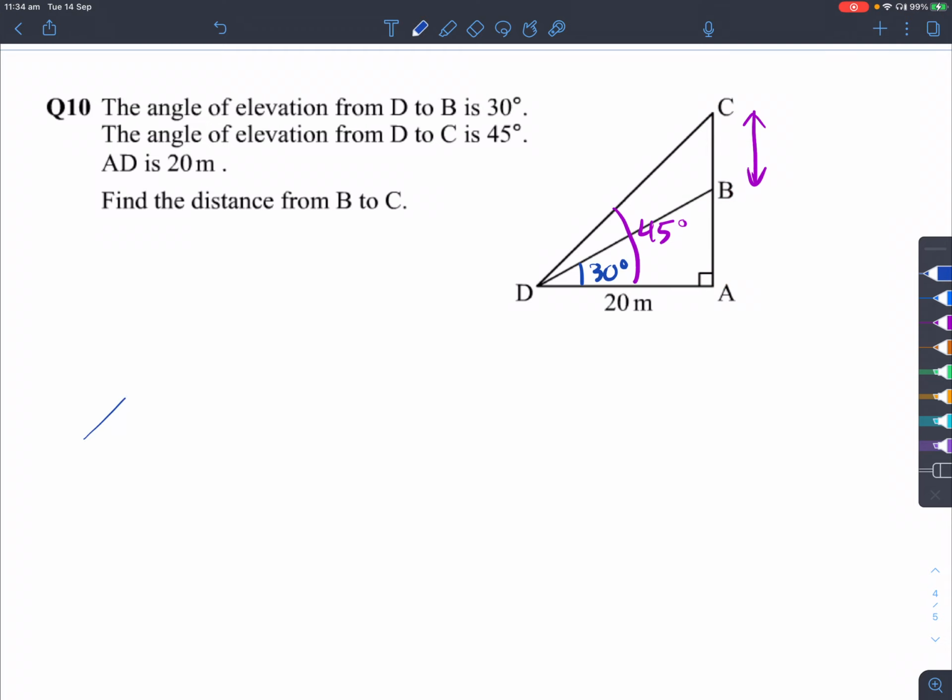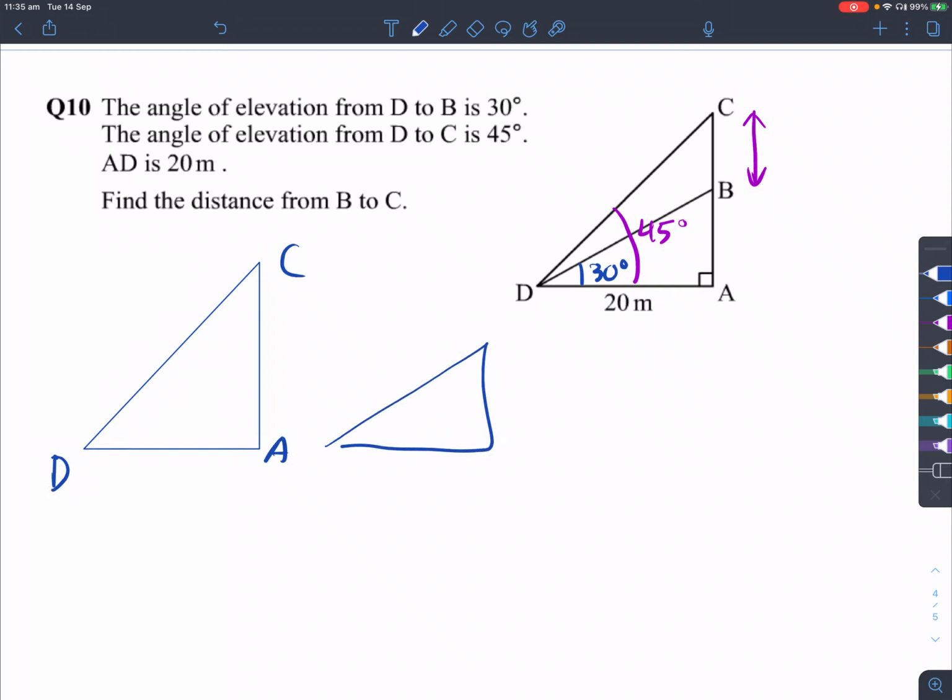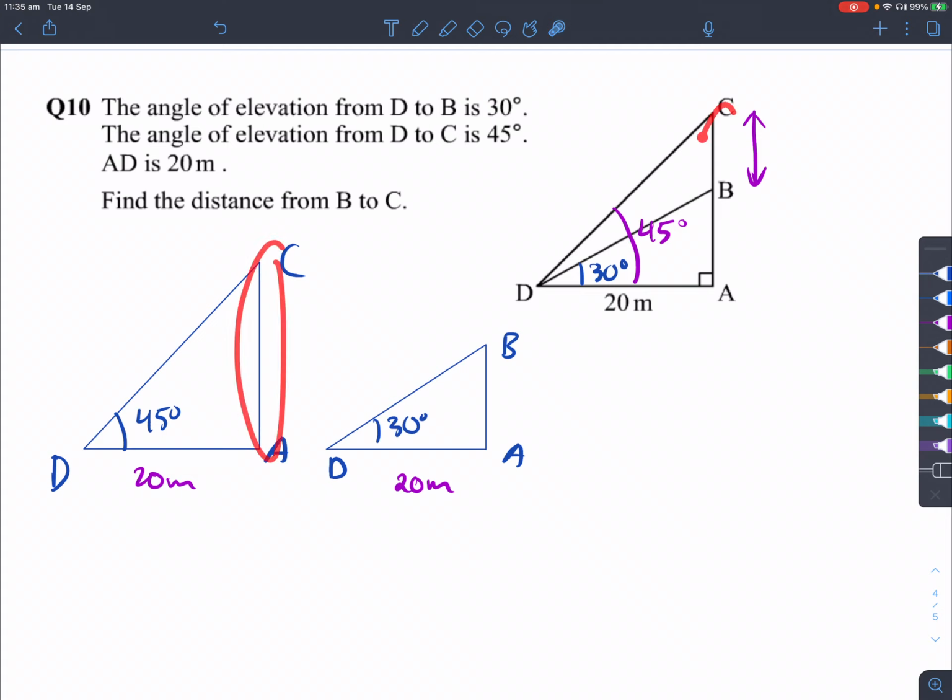So if I redraw the big triangle, I've got D, A, C here, and here's a smaller triangle, which has D, A, B here. So I've got 20 meters here. This is now going to be 45 degrees, and this is 30 degrees. So let's try and find out CA first of all, which is this edge.